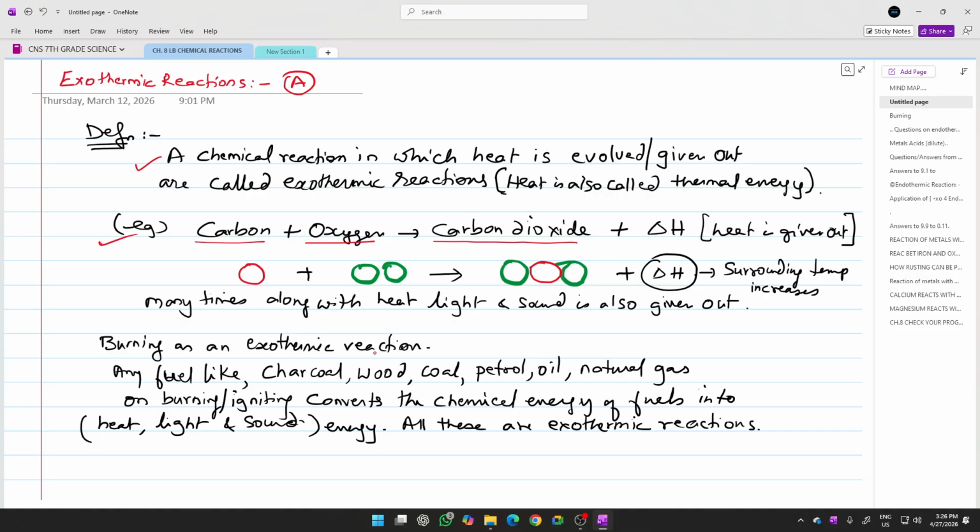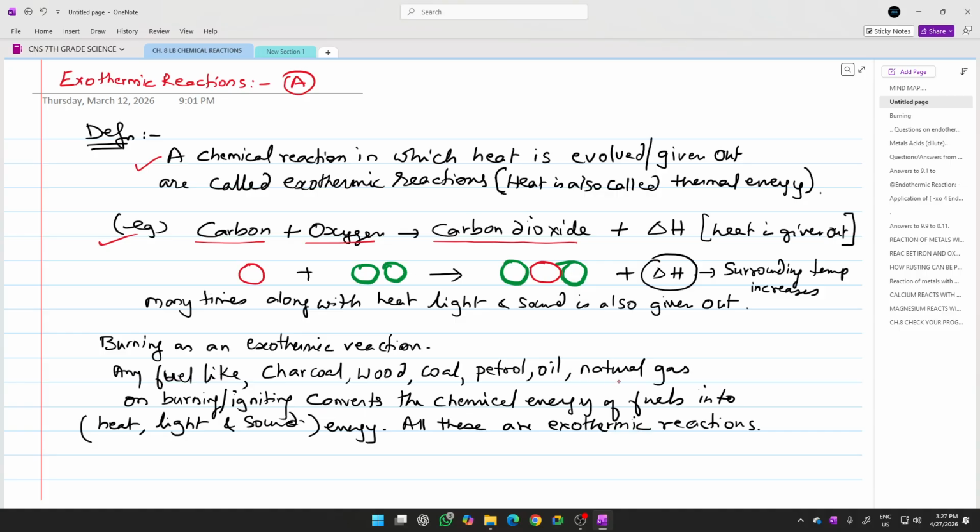Now, burning of any substance is also an exothermic reaction. Any fuel like charcoal, wood, coal, petrol, oil, natural gas, these are all different types of fuels. Some are solid, some are liquid, some are gaseous. Charcoal, wood and coal are fuels in solid form. Petrol and oil are fuels in liquid form.